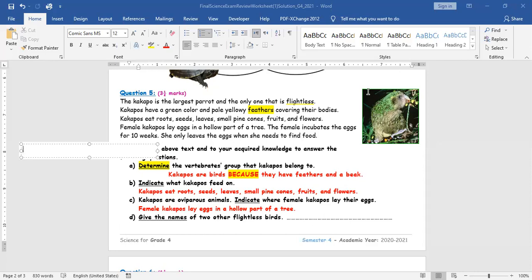Birds have lightweight bones, strong chest muscles, they have feathers, they have wings. These 4 adaptations help birds fly, but some birds do not fly. Let's mention some.